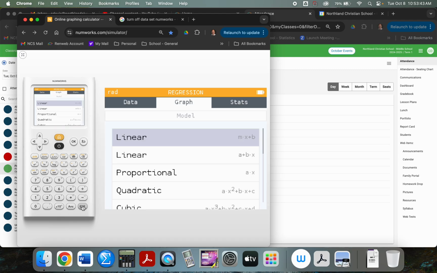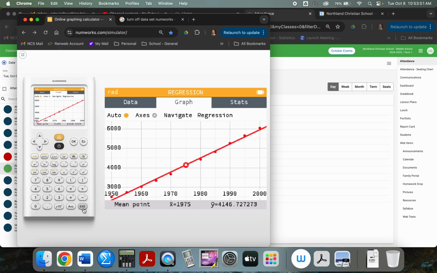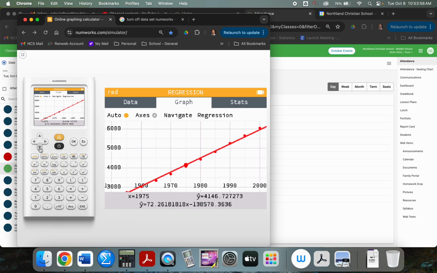And press enter, and tell it that you want a linear regression. It doesn't matter which way you do it. Oh, and then there at the bottom it shows the equation. Yeah. Oh my gosh, I didn't even realize it shows the equation there. I had to go to stats and do it individually.